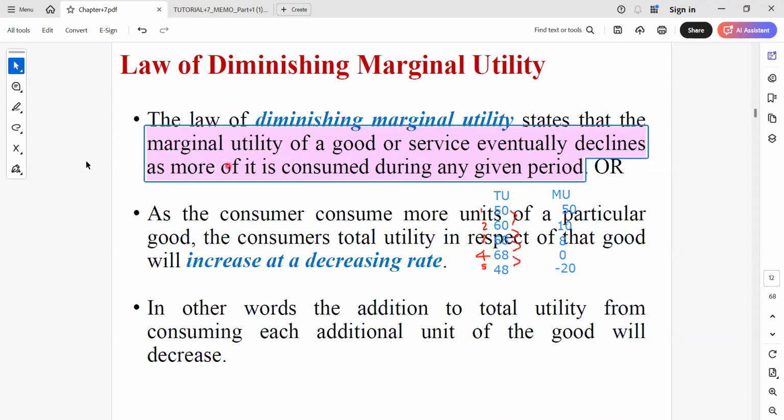So we get to the law of diminishing marginal utility. I've already explained this, but let me explain it on this side because I don't want to remove these figures here. What they're saying is that diminishing marginal utility states that the marginal utility of a good or a service eventually declines as more of it is consumed during a given period.